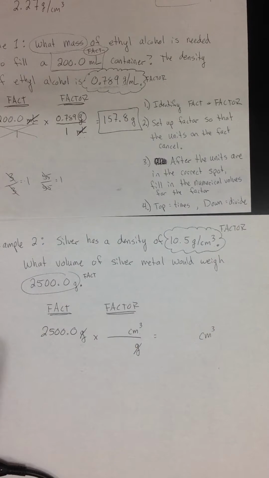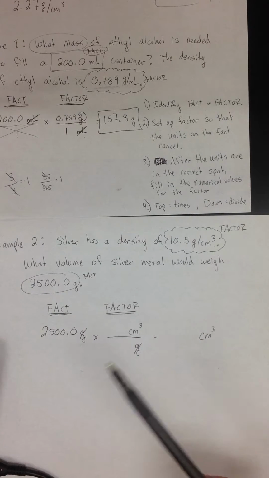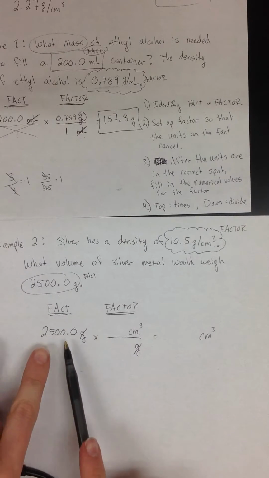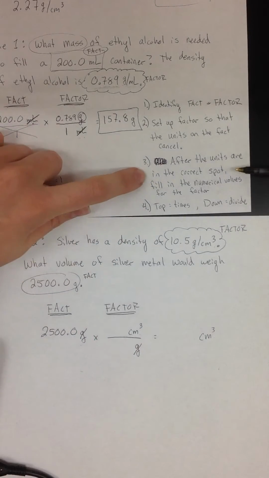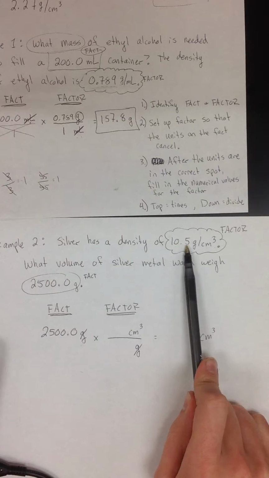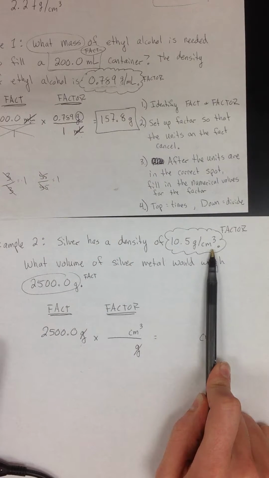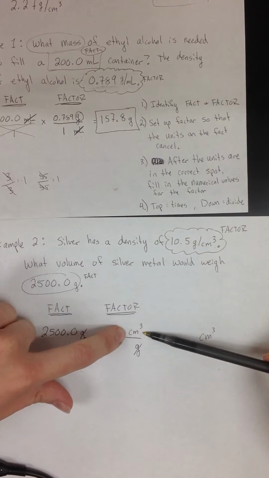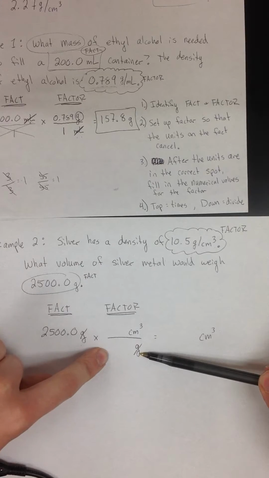So before I even plugged any numbers in, the most important part is to make sure that your units are set up so they cancel when they're supposed to, and that you're not canceling the ones that we still need. My step 3, after the units are in the correct spot, I fill in the numerical values for the factor. So I've got my 10.5 grams per centimeters cubed. Again, I need to figure out whether my 10.5 is going to go with my centimeters cubed or whether that 10.5 is going to go with my grams.